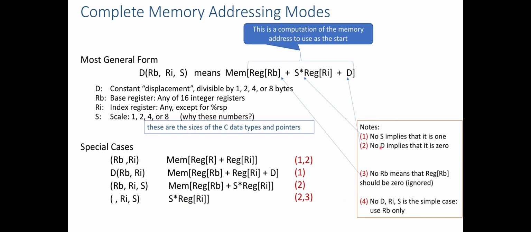And so that means no D and no RB in this example here. And that's why I have the 2, 3 right there. Okay, so now let's look at these with a real example so you get an idea of how this is done on the machine. And then after that, I'll give you why we have all of these.